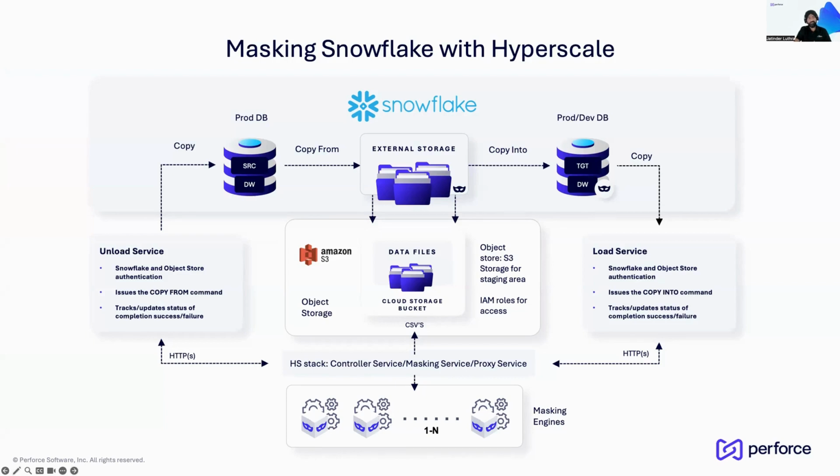So we unload the data from your different Snowflake systems into files, mask it by distributing the masking workload across a pool of engines, and then load the masked data back into Snowflake. This gives you the efficiency to mask the data at scale based on your SLAs. You can provision as many masking engines as you need.